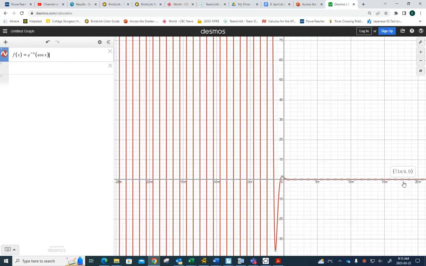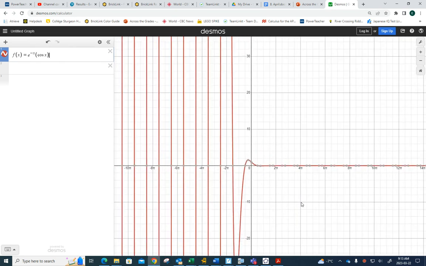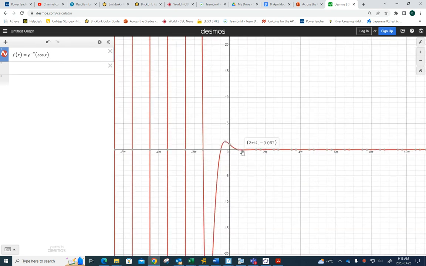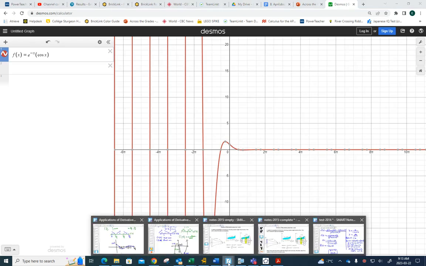Okay. All right, so that is Desmos for that one. What did we say our values were? 0.03 and negative 0.067. So we can go back to our graph and add some accuracies.